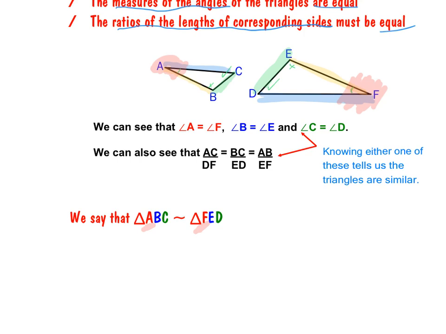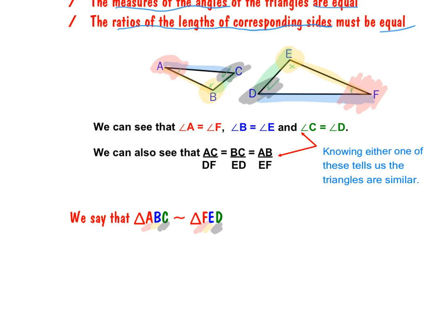And we keep going from there. B is the second angle that's mentioned, so E is the second angle that's mentioned, B and E. And by process of elimination, C jives with D. So C is mentioned last, as is D.